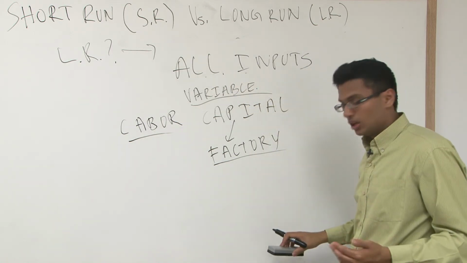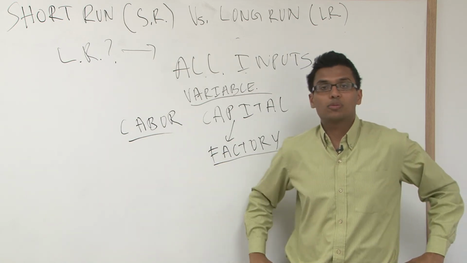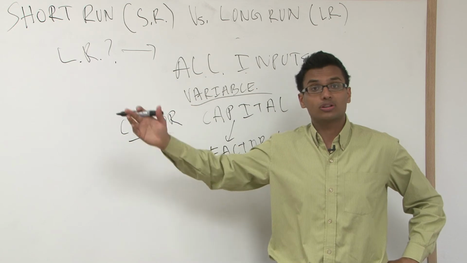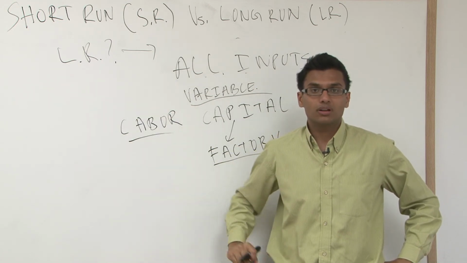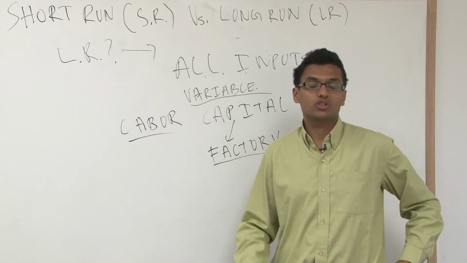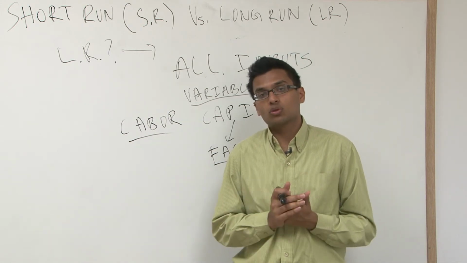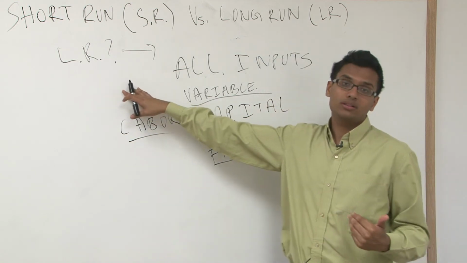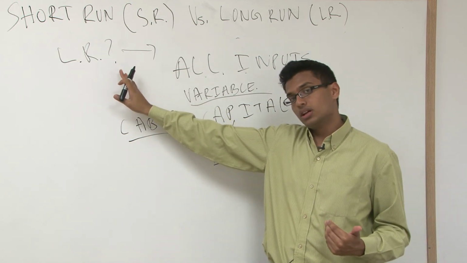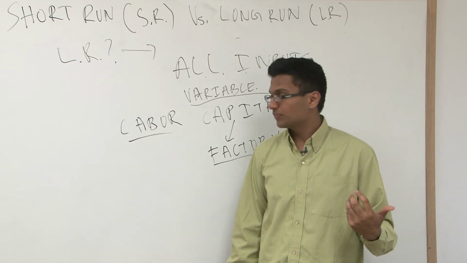What does that mean? Think about newspapers. If we discuss a long run time, the next 5 years or whatever, I can move to a bigger factory, I can move to bigger machinery, I can change the machines in there, I can do whatever I want. So in the long run, LR is long run, all the inputs are going to be variable, and we can change those inputs.